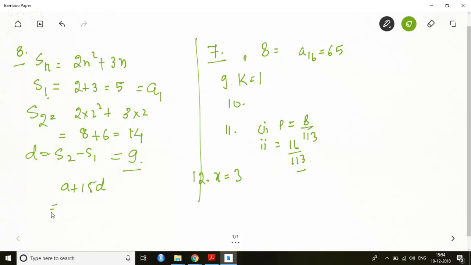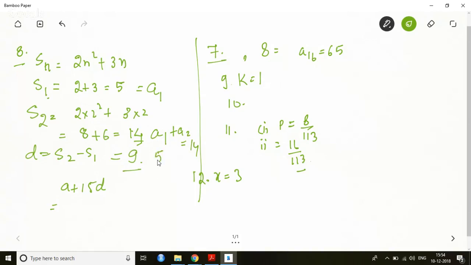So how much would it be? Just give me a moment. Have I done something wrong? Okay, yes, D would not be 9. If S2 is 14, it means A1 plus A2 is equal to 14.